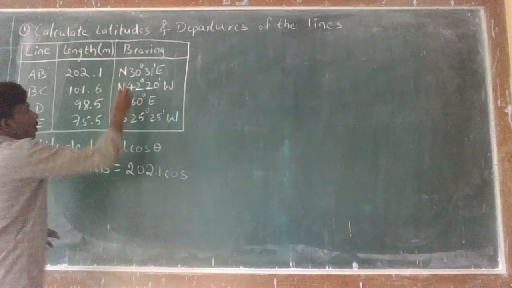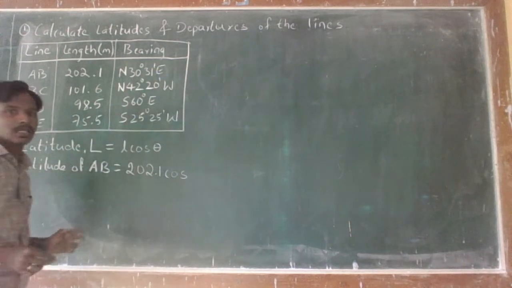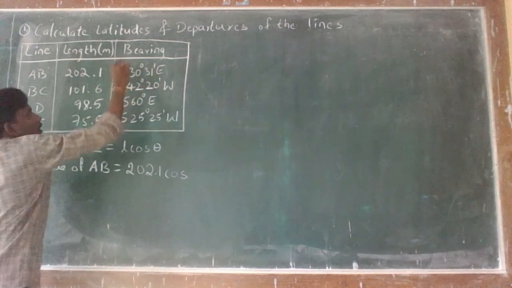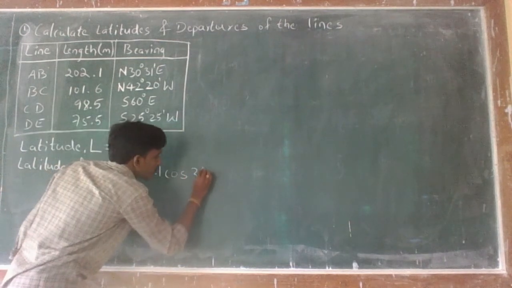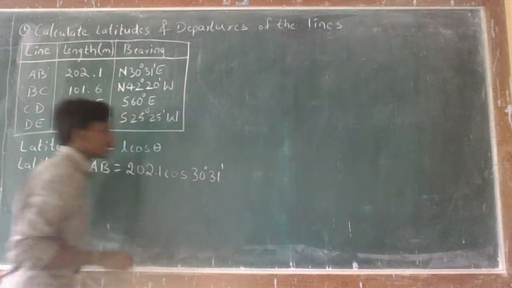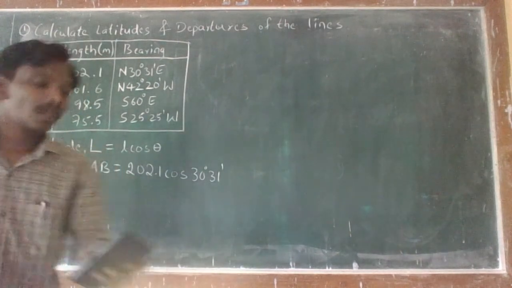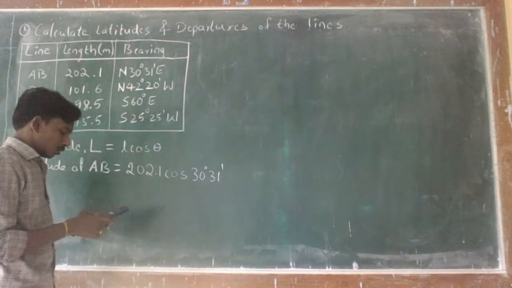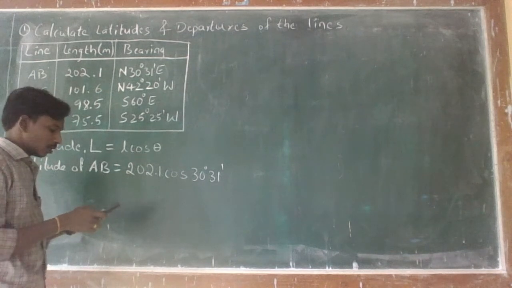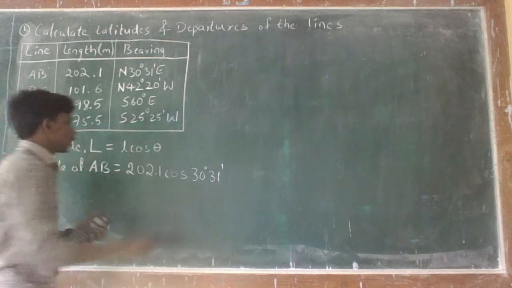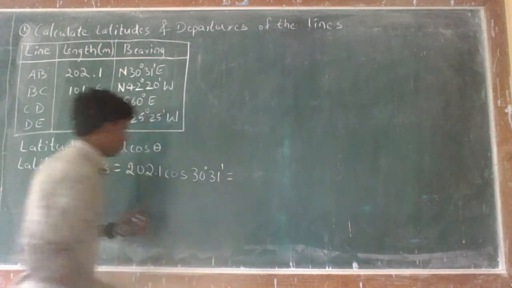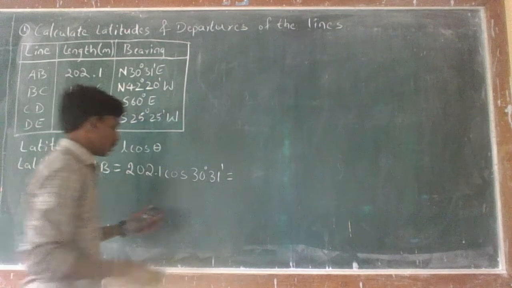Now we should leave north and east and consider only 30 degrees 31 minutes. So write 30 degrees 31 minutes. Now by calculating 202.1 cos 30 degrees 31 minutes, the latitude of AB is 174.10.